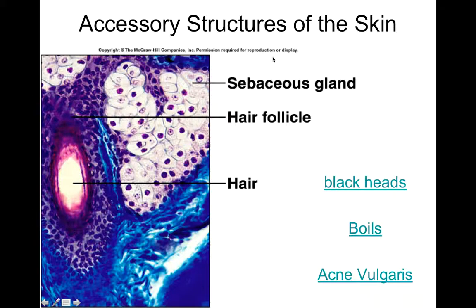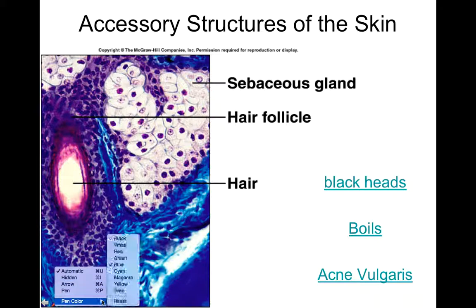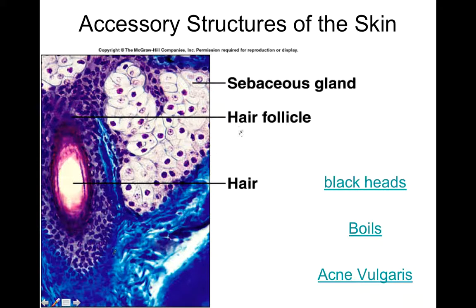Another accessory structure of the skin are the sebaceous glands. And sebaceous glands release an oily substance, a lipid-based substance called sebum.